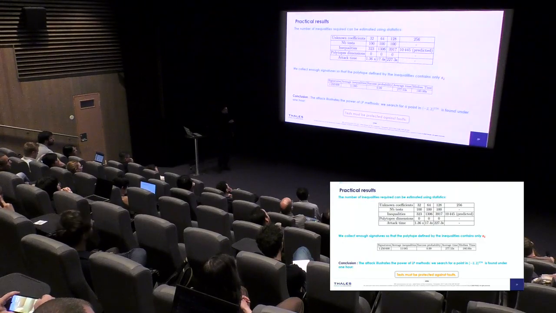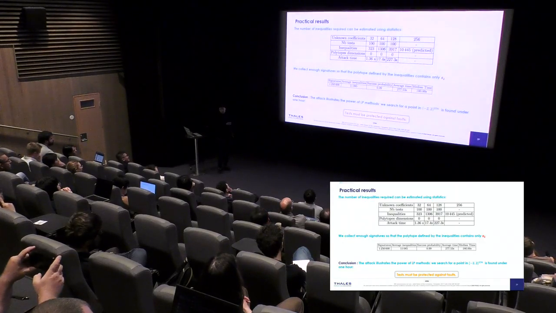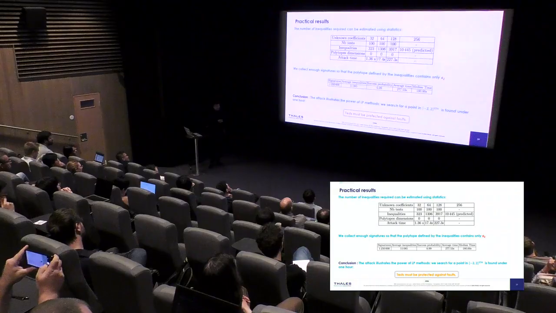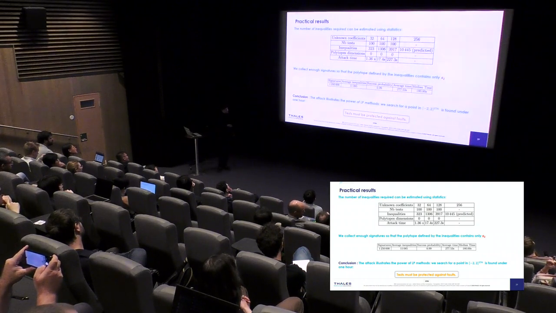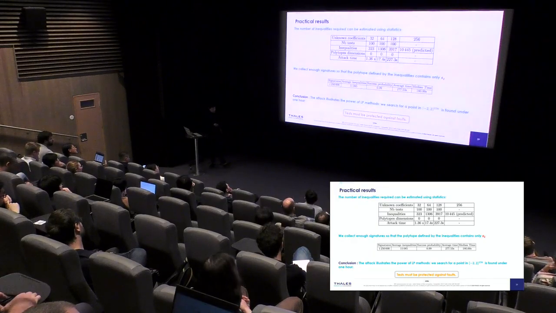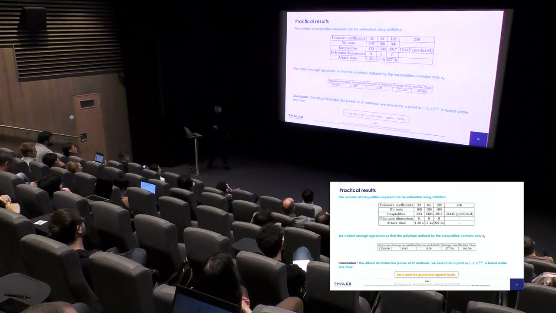Each time we collected around 1.5 million signatures, which led to an average of 11,000 inequalities, and we managed to recover 99 out of the 100 keys of Dilithium. For the missed key, it was due to a solver timeout, and when we removed the solver time limit, in a little less than 1 hour, we finally recovered the only missed key.